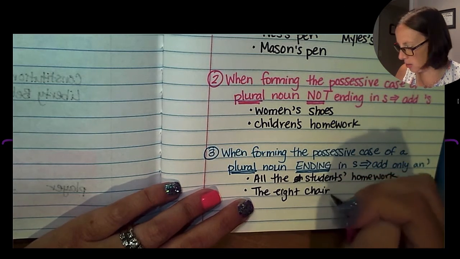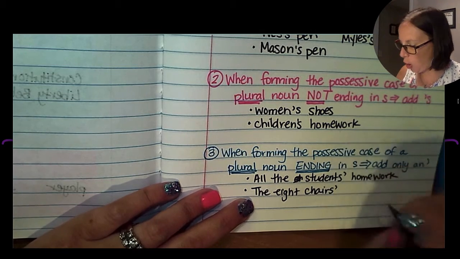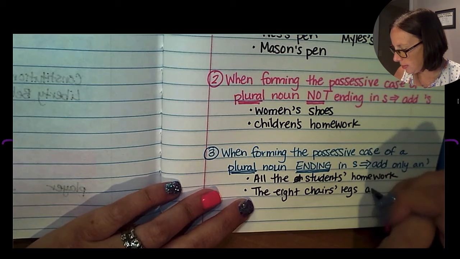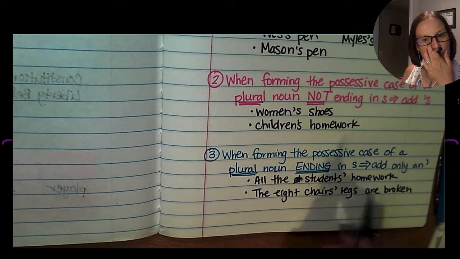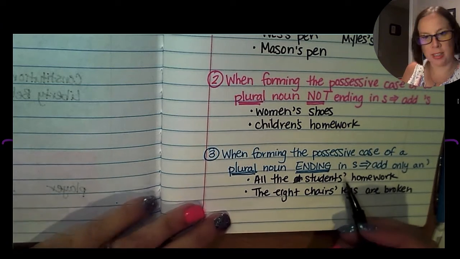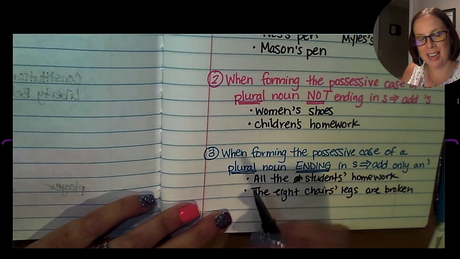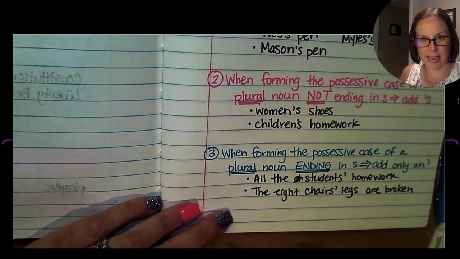There's 8 chairs. So it has that S, but I'm talking about all of their legs. So the big thing is that to just get an apostrophe on the end, it has to be a plural noun. If it is not a plural noun, then it's an apostrophe S.